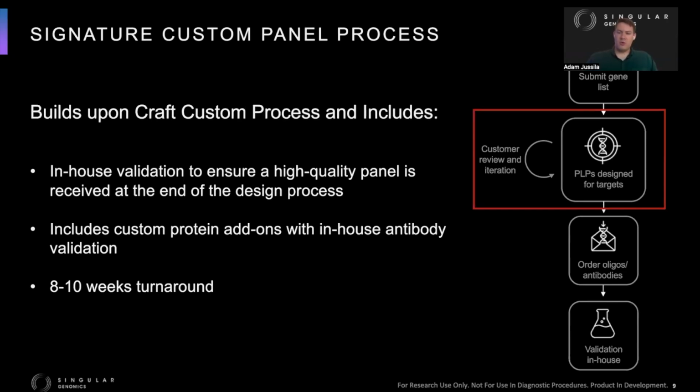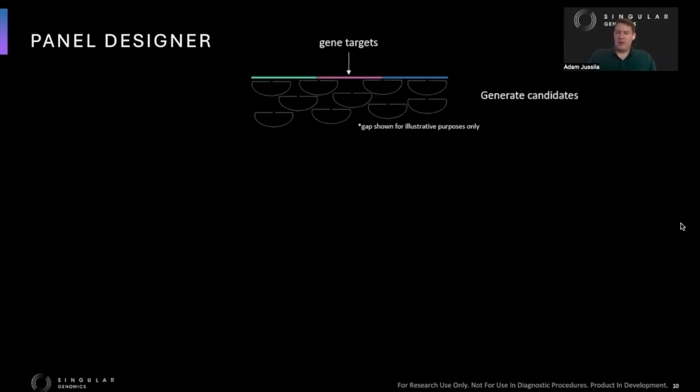Now, I want to tell you a little bit more about a couple of key steps in this process. The first of these is the PLP design and customer report, and the second of these is the in-house validation, which I'll get to in a couple of minutes. Our panel designer works in the following manner. After you submit a gene list to us, we design candidates for each of these gene targets, ending up with tens of thousands of possible candidates.